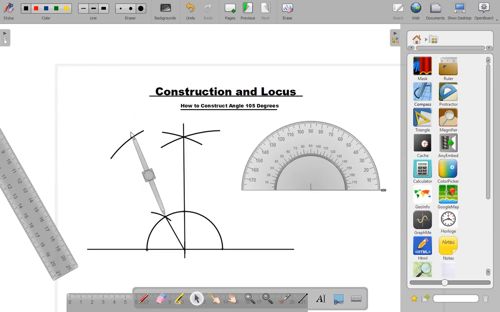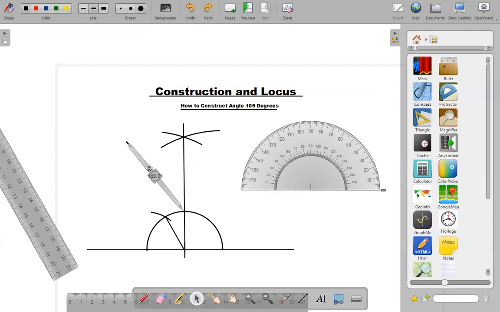Okay, I will cut the arc. I need to go up. Let me redraw the other one. I missed it a little. That means I did not place it well. Let's start all over again.